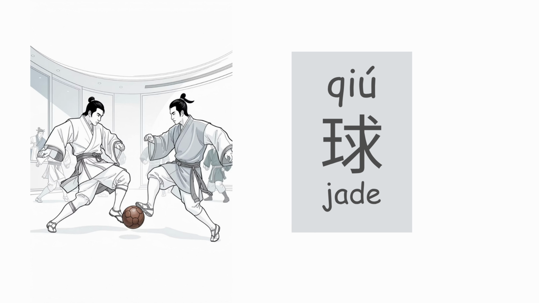The original meaning of jade has disappeared from everyday Chinese and only survives in classical literature. Today, 球 refers to almost anything that is round.